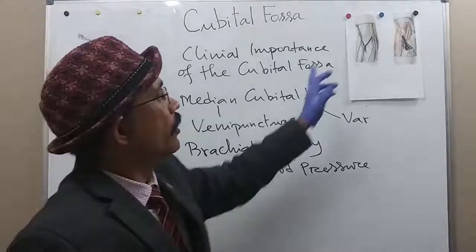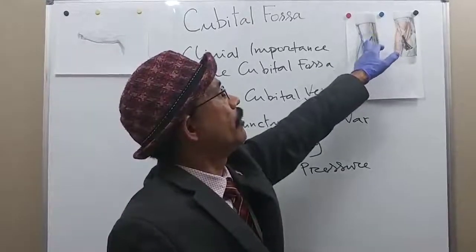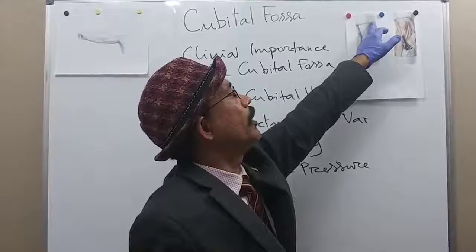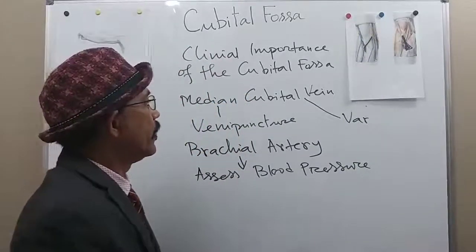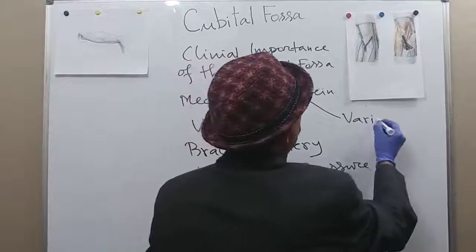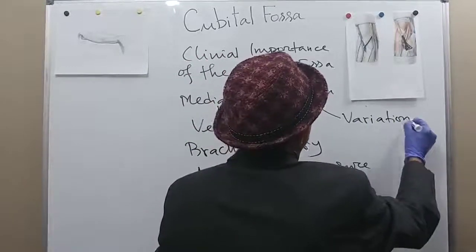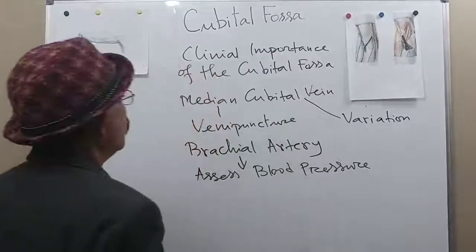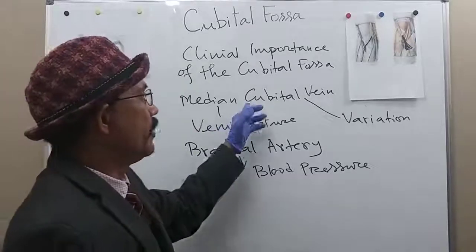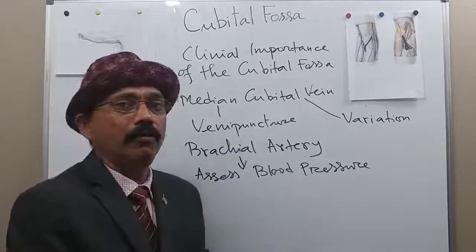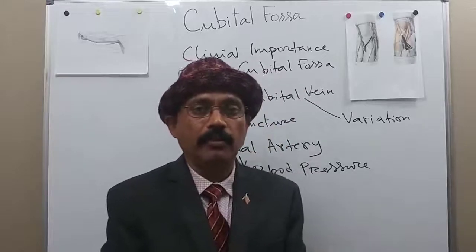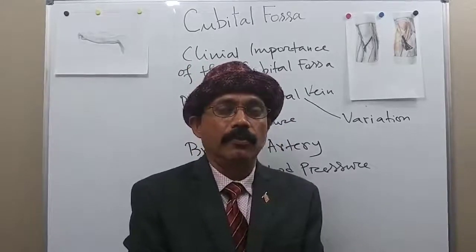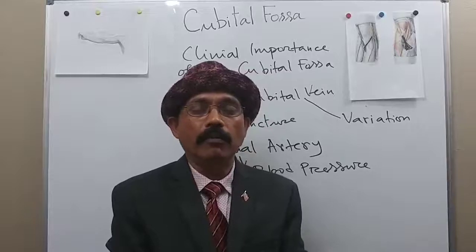Or we may have connection not in the cubital fossa at the upper level, maybe at the lower level. That is possible. So there may be always variation. Okay, you have to consider that part. But this is the chosen vein for venipuncture, for blood transfusion, intravenous injection. Okay, so that's all about cubital fossa.